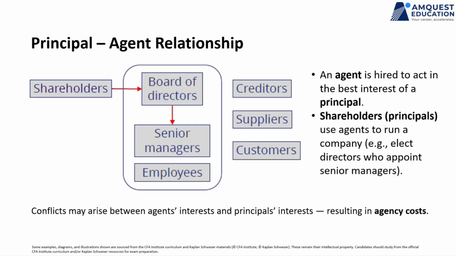At times, the management who is appointed is acting as an agent for the principal, which is the shareholder. But if the management starts behaving in a fashion which is detrimental or negative for the shareholder, then there's a conflict. And whenever there's a conflict, you result in something called an agency cost.